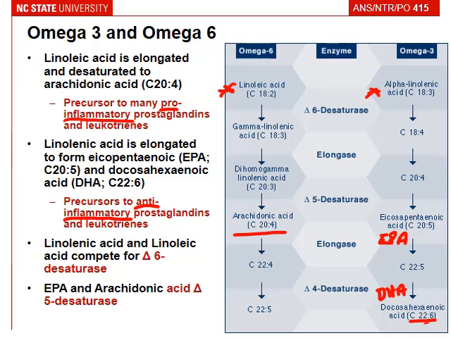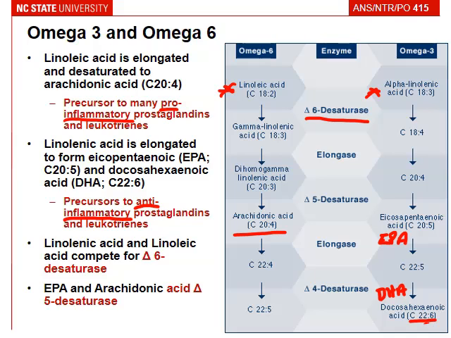Now, our linolenic and our linoleic acid compete for delta-6 desaturase. Delta is counted from the carboxyl end. So they're competing, and it all depends. If you have a significant amount of omega-6, you're going to be more likely to make arachidonic acid because you're going to have more omega-6 able to take up the delta-6 desaturase.